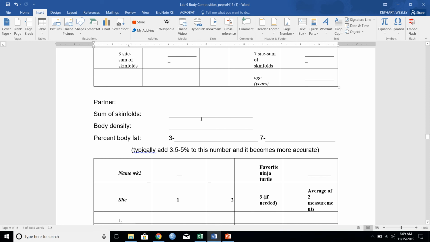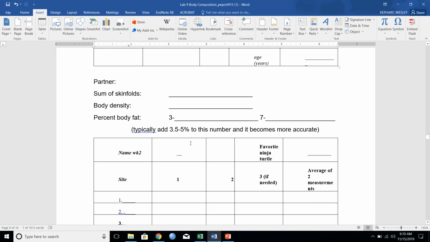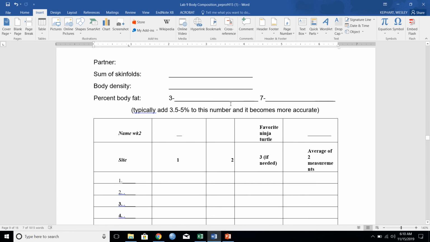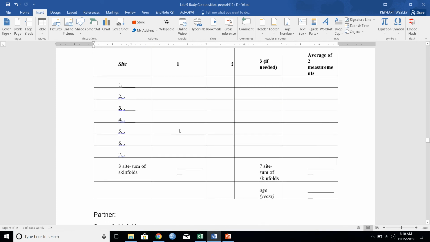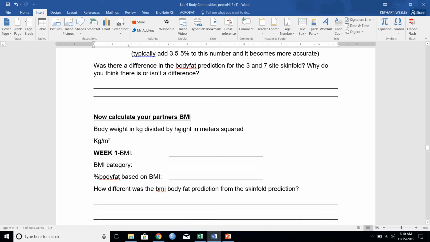You'll put the sum of skin folds here for both 3 and 7, which is up there, so just write it again. Write the body densities for 3 and 7 and the percent body fat for 3 and 7. Typically, if you want it to be a little bit more accurate, add about 3.5 to 5 to it, because just in my experience, that seems to be how it works. Week 2, we'll do the same thing, 7 sites, and so on.